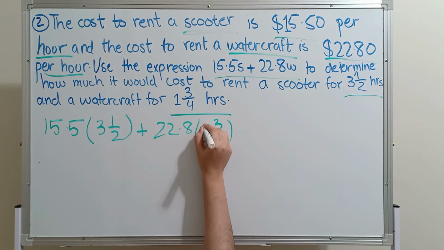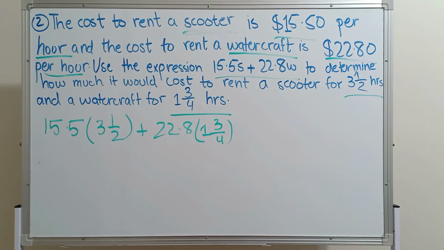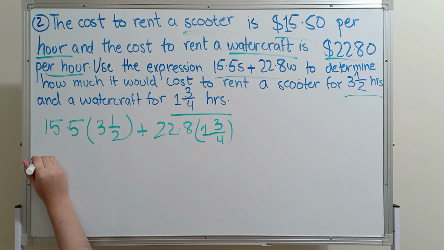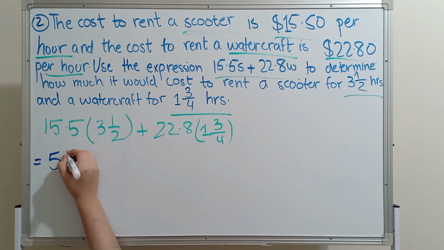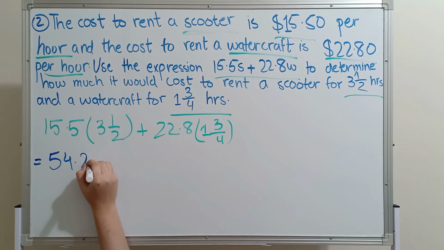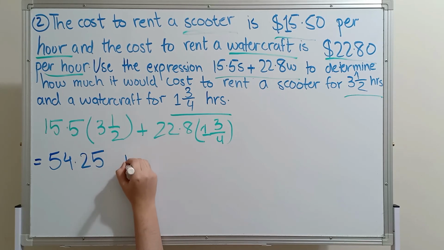Now we're going to start multiplying these together. If we multiply 15.5 times 3 1/2, we will get 54.25. Plus, we multiply 22.8 by 1 3/4, and we will get 39.9.